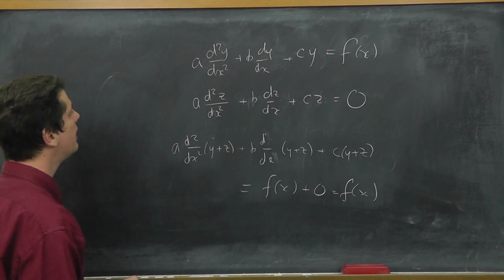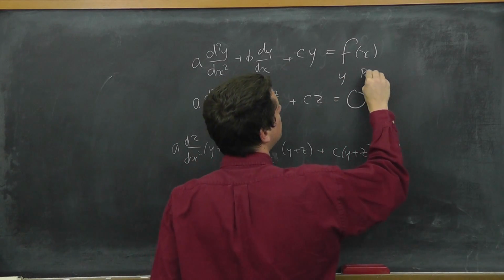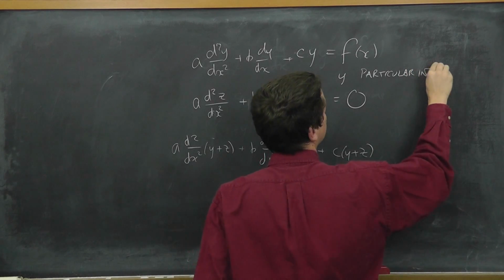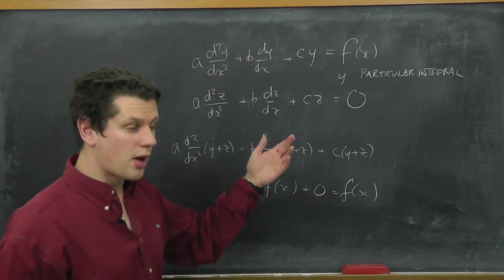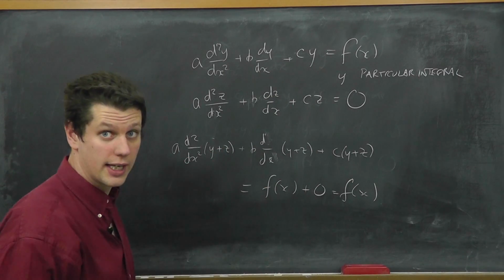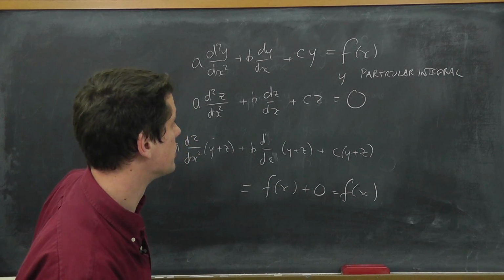We call y the particular integral. Integral is an old-fashioned name for a solution of a differential equation. After all, as we said at the beginning of this series of videos, integrating really is solving a differential equation.